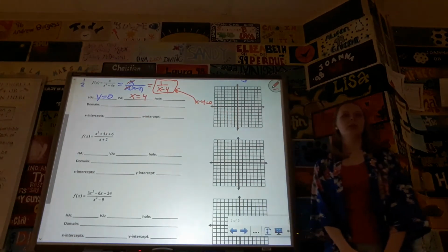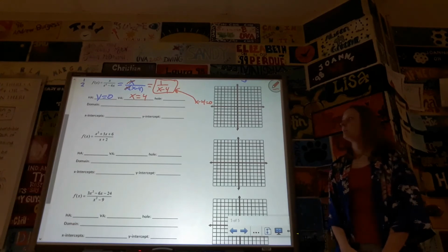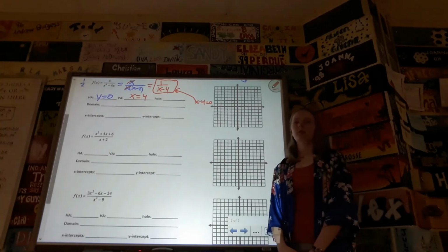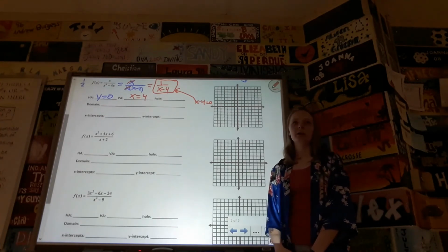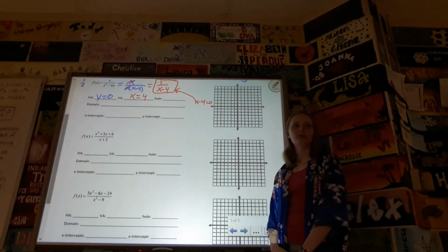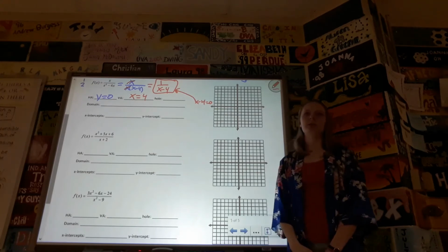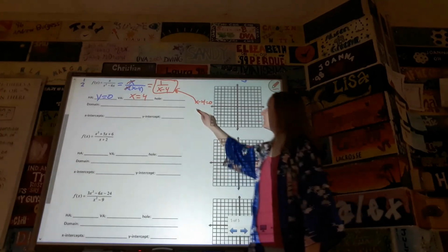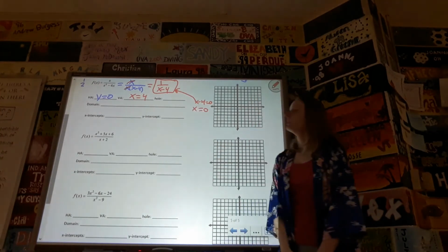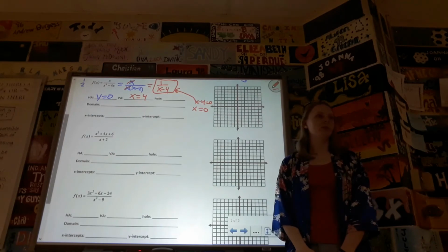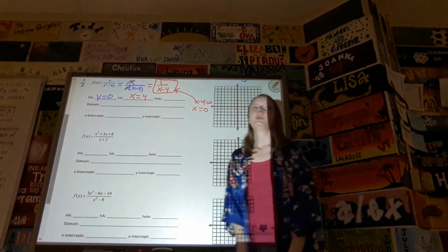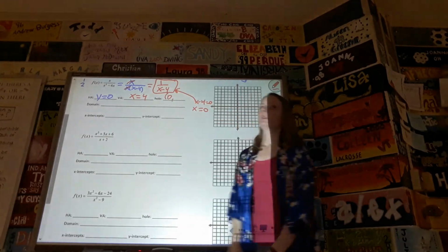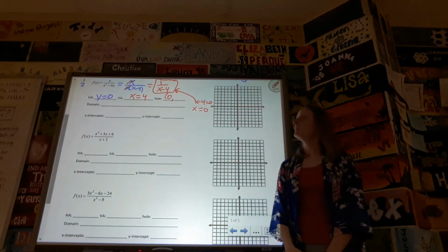Next. Okay, how do you know if you have a hole? Okay, did I have one? So x is canceled out. So then how do you actually use that to find the hole? So what equals 0? So the hole is just 0. The x is 0. Okay.